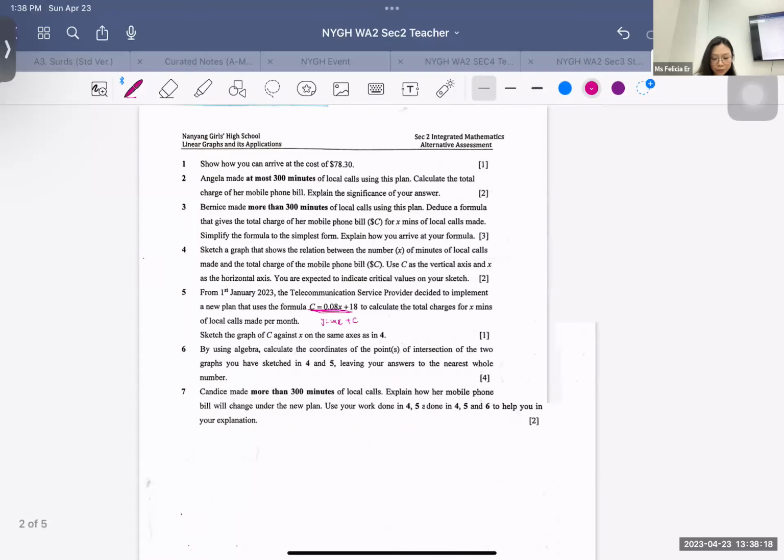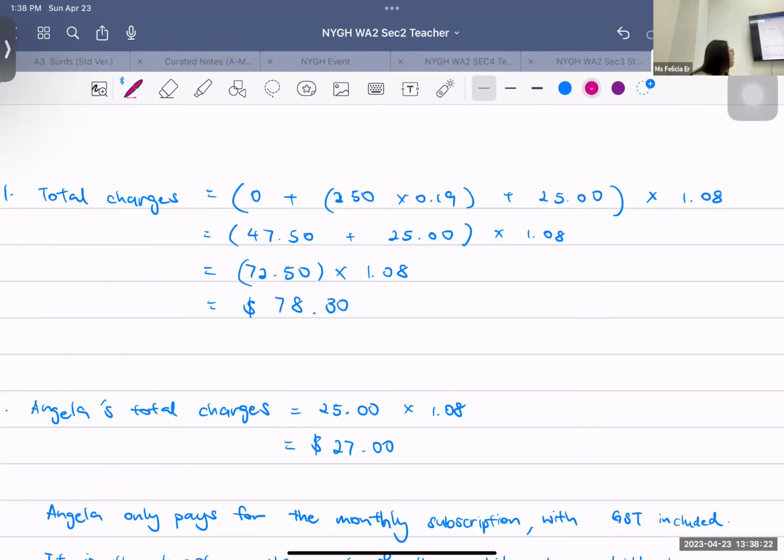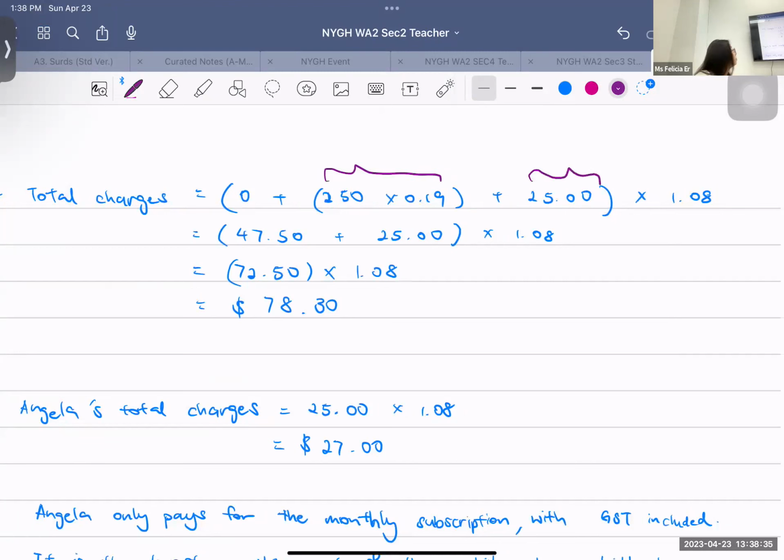So this should be the working. How do I derive this working? I take the additional minutes, multiply by the cost of the additional minutes, plus the base cost of the 300 minutes, and multiply throughout by the GST.